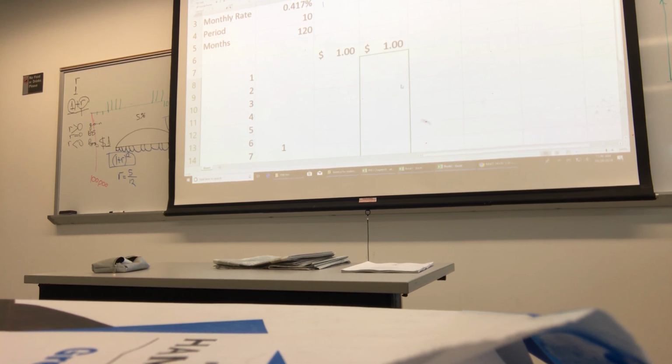And within a year, I need to take that particular value that I have and multiply it with my annual rate. I want to take the value and multiply with my annual rate.